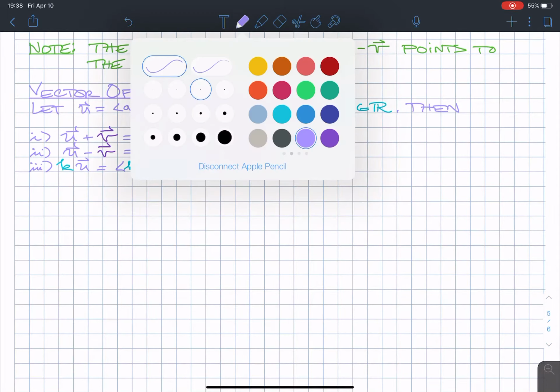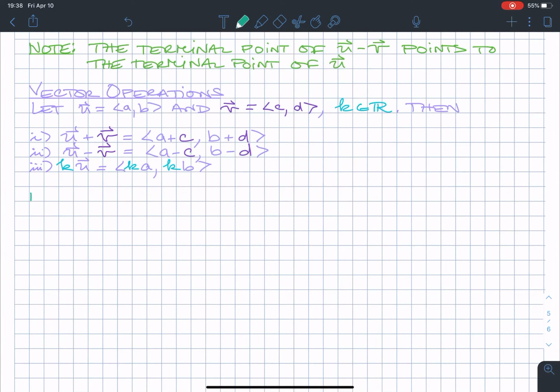But we have to note something. So note, if k is greater than 0, this implies that k times u is in the same direction as vector u.